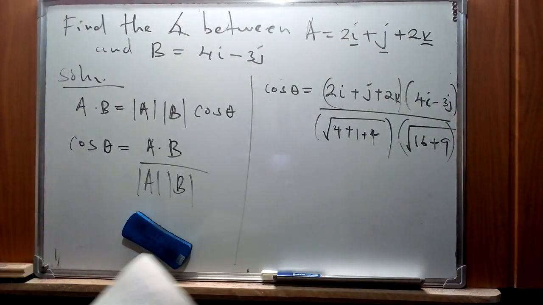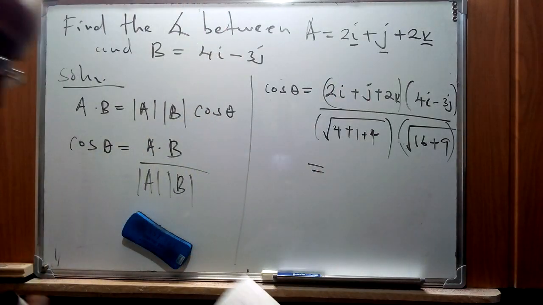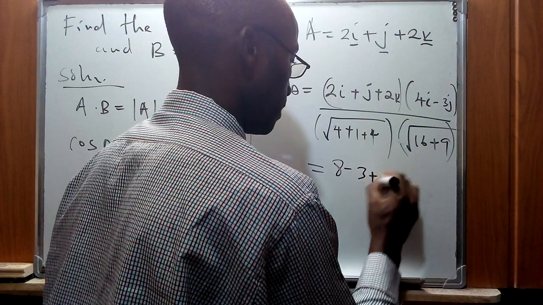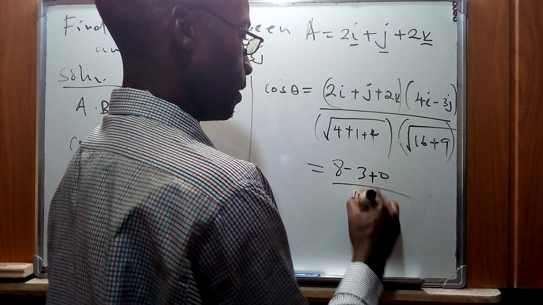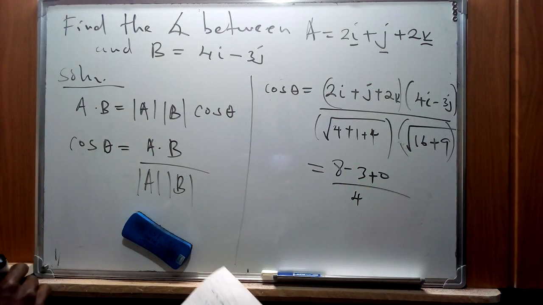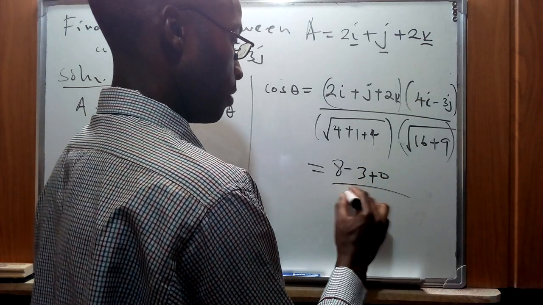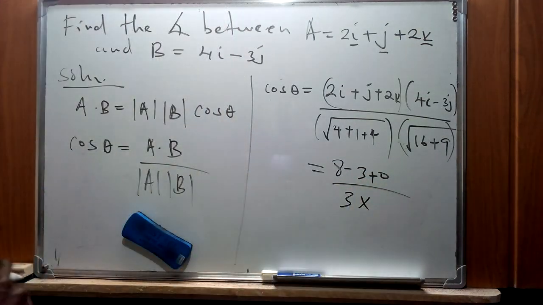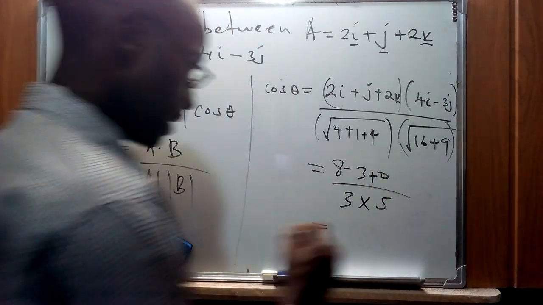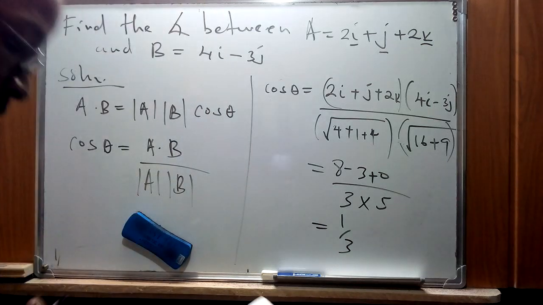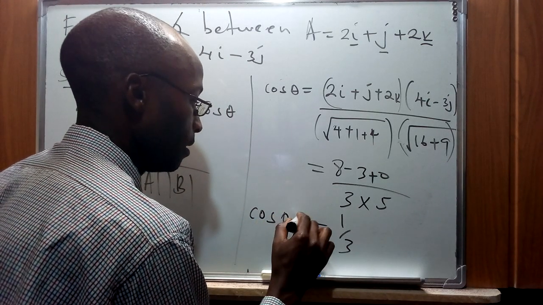So the numerator gives us 8 minus 3 plus 0, divided by the root of 9, which is 3, times the root of 25, which is 5. This gives us a third. So the cosine of theta is equal to a third.